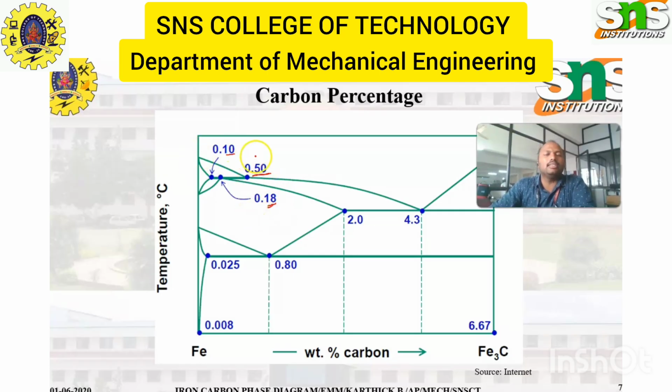Again, we have 0.025, 0.8, 2, 4.3, and 6.67. Think of it as 8 o'clock we come to college, 2 o'clock is our lunch, 4:30 we leave the college, and 6:30 we reach home. That is an easy way to remember the carbon percentages.